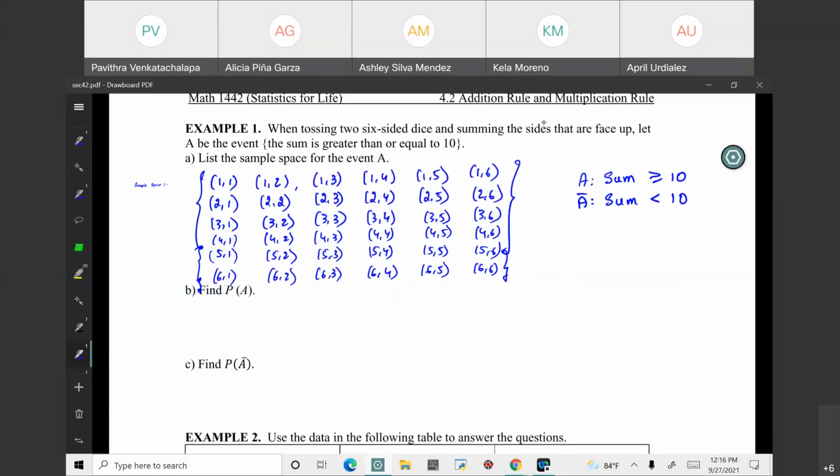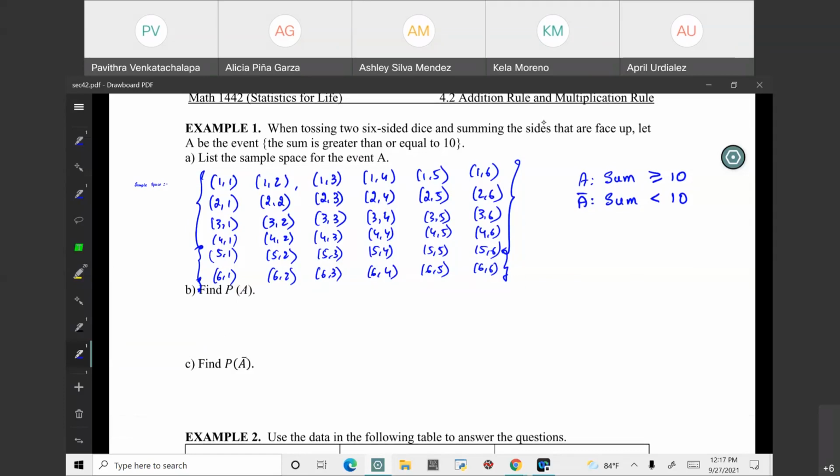Now tell me, if I add any pair of the numbers, I have to get the sum as greater than or equal to 10. So which part do you think will satisfy this event? If I add 1 plus 1, I get 2, which is false. 1 plus 2, 3. 1 plus 3, 4.